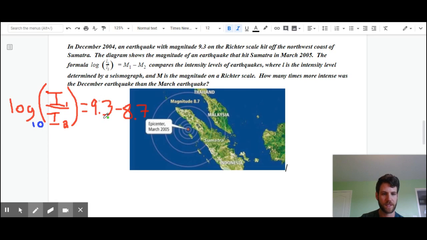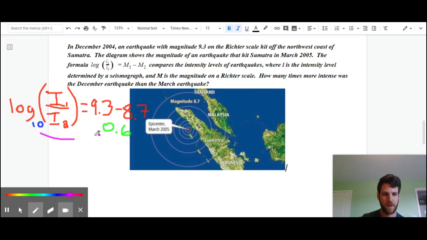This difference would be equal to 0.6. So we would have 10 to the power of 0.6 would then be equal to this fraction.